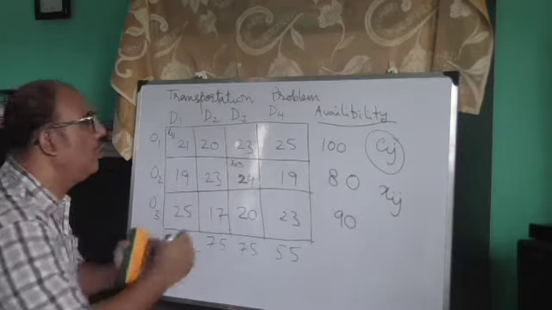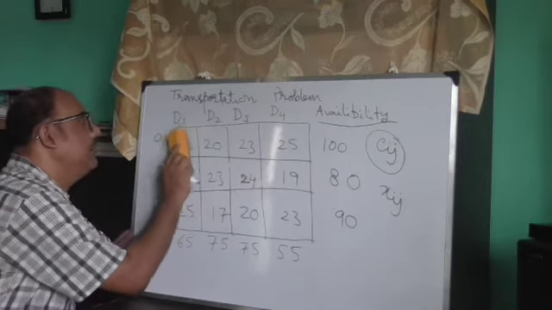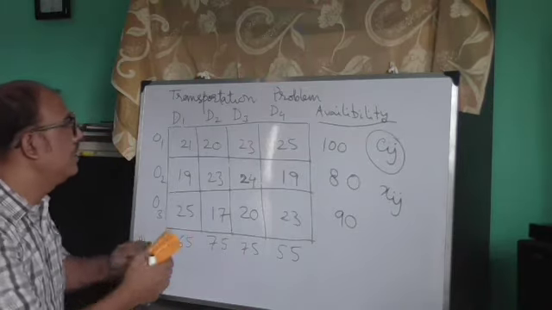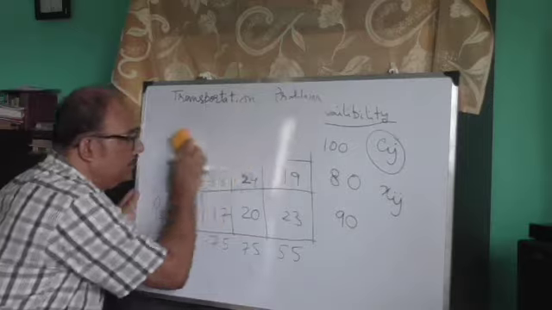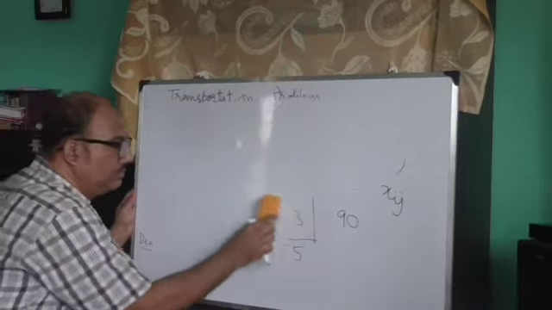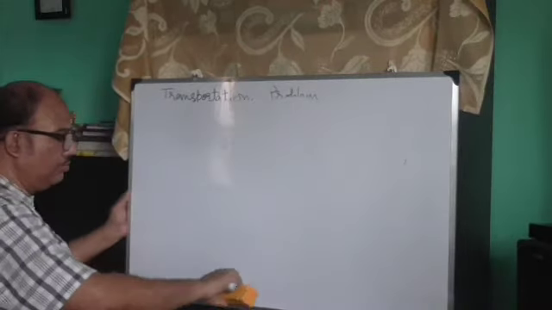So in general all of them are xij. Now I am trying to explain the problem in a generalized way, so let's look at this particular table and how I can write the problem in linear programming form.